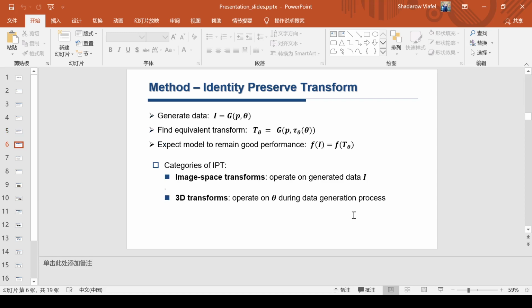Deriving from this insight, we separate identity preserved transform into 2 types. One is image space transform, which operates on generated data I. The other is 3D transforms, which operate on theta during the data generation process.